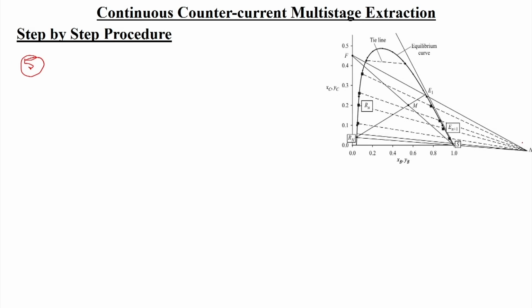Now, we have this delta point; suppose this is R1, because this is the tie line from E1, and then this R1 and delta, these two are added.